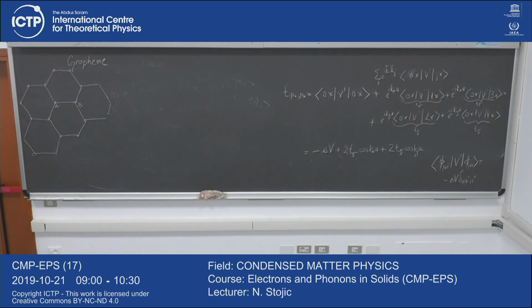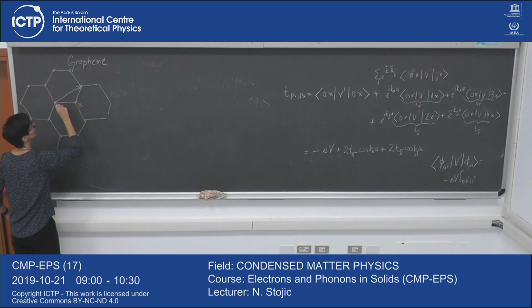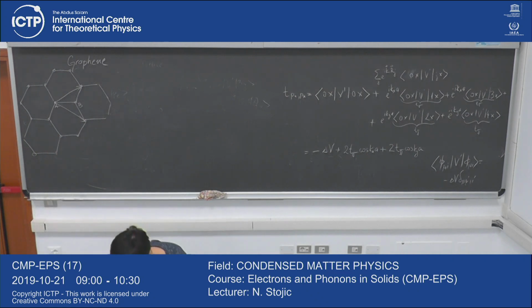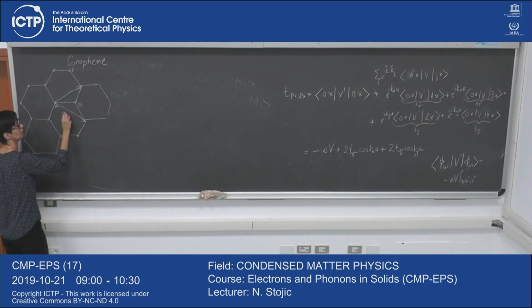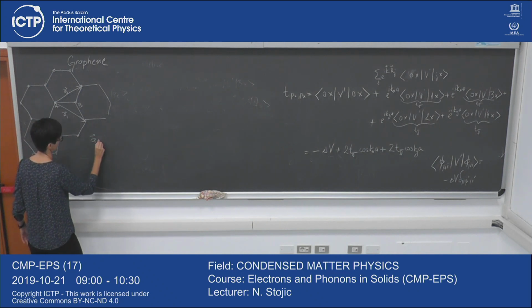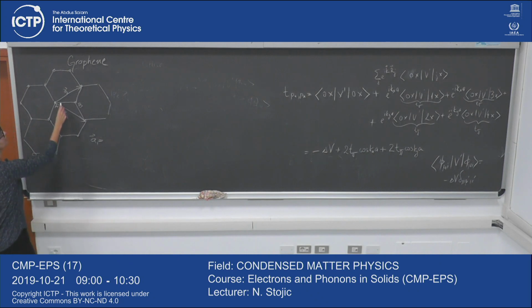And I will choose my unit vectors. I can just use the same as in the notes if I have to compare. This one was A1. So this is 30 degrees, each of them.